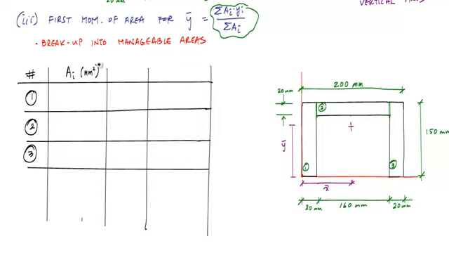The second one is y_i, the vertical distance from the horizontal datum to the centroid of each of the manageable areas. This last column is going to be the multiplication of A_i times y_i, which will have units of millimeters cubed.